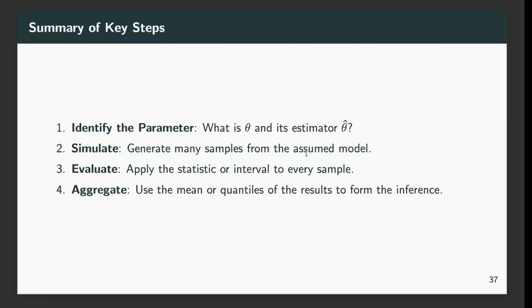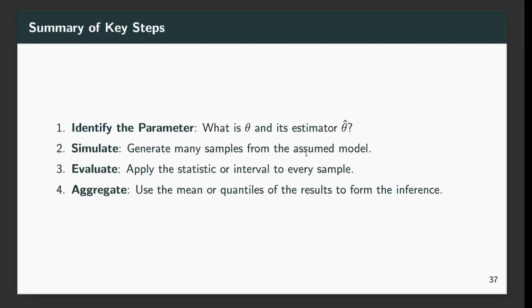The third step is to evaluate, where we apply the statistic, the interval, or the test itself to every simulated sample. This is the step that takes the computing power. Step number 4 is taking the aggregates, where we use the means of the results.